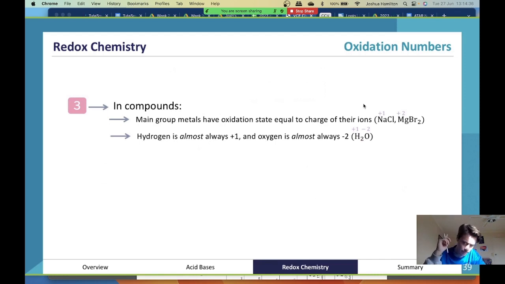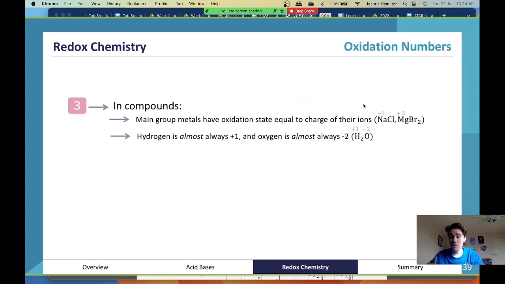Now, there is one example. All right, I lied. There are multiple examples of hydrogen and multiple examples of oxygen that are not -2 or +1. However, they never come up. There's only one example that ever comes up in exams. Actually no, that's a lie, it's the other way around.